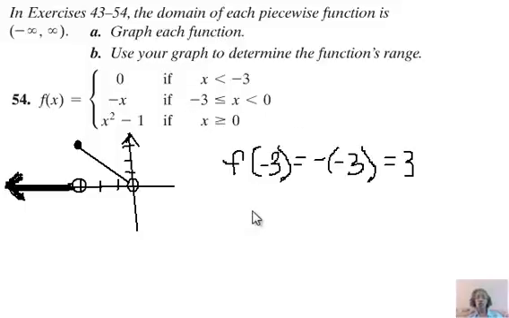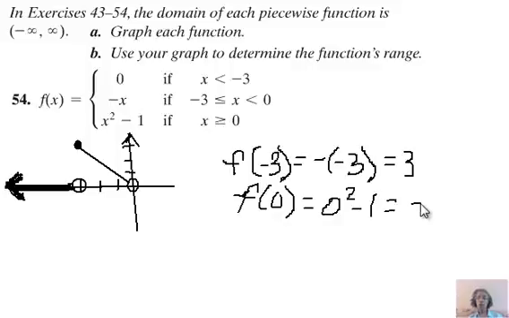Now let's do f of x for x greater than or equal to 0. Well, f of 0 is 0 squared minus 1, which is -1.